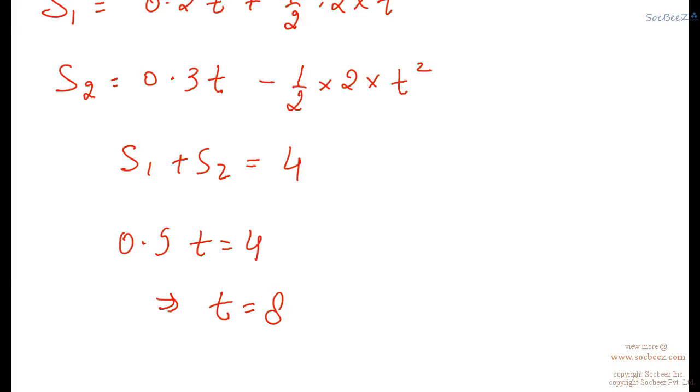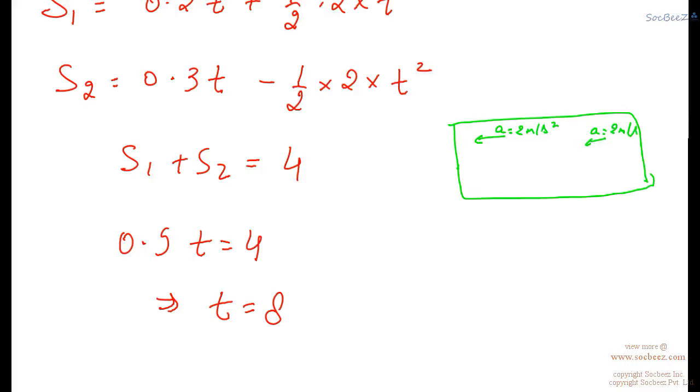Hence the time taken by ball B to reach the left end will be given by, if we draw the diagram like this. Therefore, if acceleration is in this direction, A equals 2 meter per second square, and the second acceleration is again in this direction, equals 2 meter per second square.